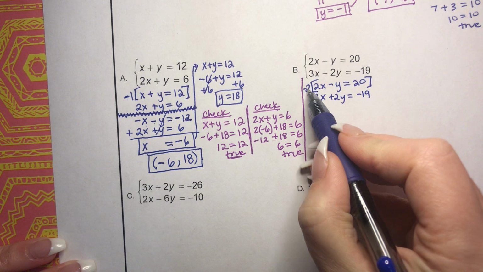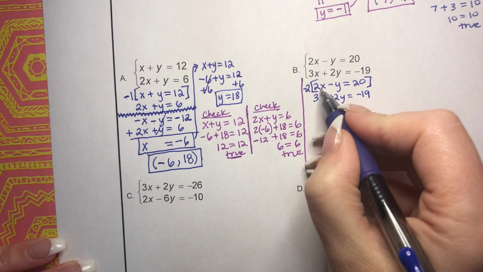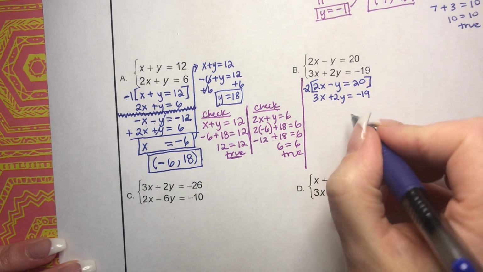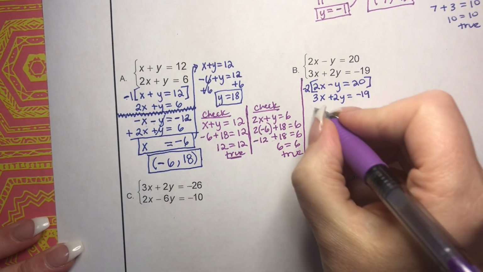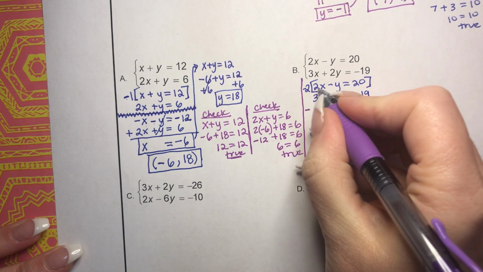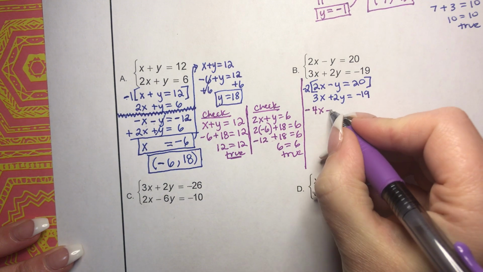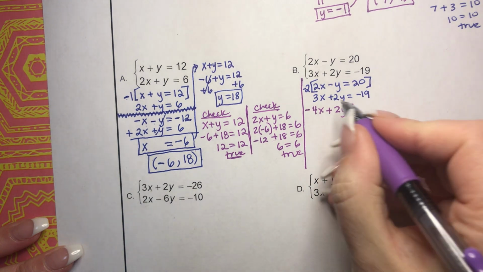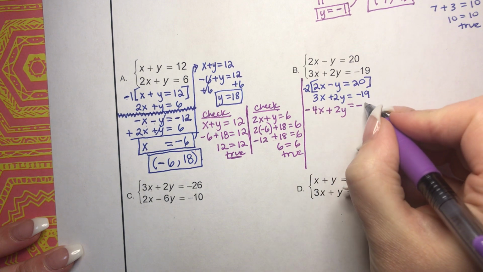Now we're multiplying, distributing to everything. -2 times 2x: negative times a positive is a negative, 2 times 2 is 4x. Then negative times a negative is a positive, 2 times y is 2y. Equals negative times a positive is a negative, and 2 times 20 is 40.